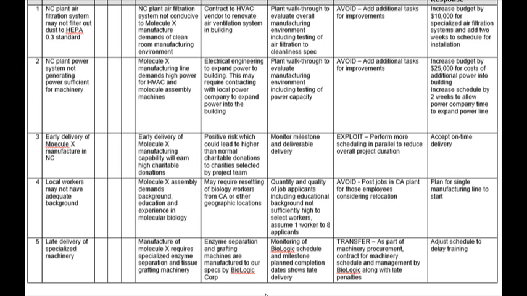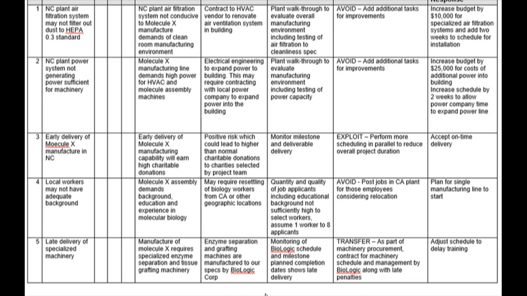Look at risk number 5, the last thing I want to point out, late delivery of specialized machinery. We need specialized machinery to manufacture molecule X. The enzyme separation and grafting machines are manufactured to our spec by Biologic. So here we're going to transfer this risk as part of the machinery procurement contract. The machinery schedule and management will be managed by Biologic along with late penalties.